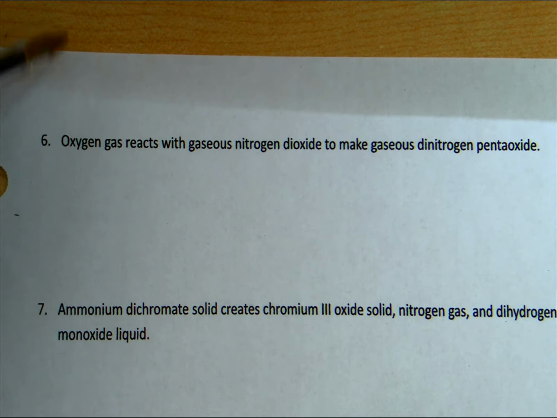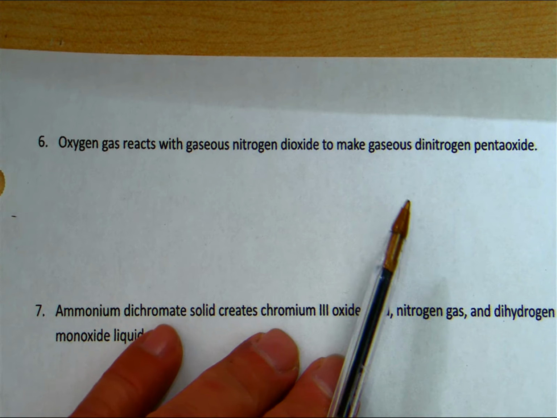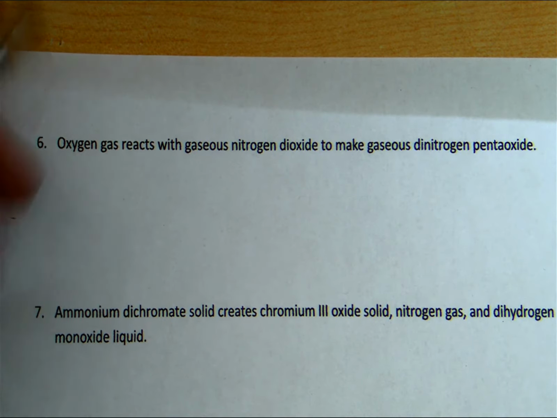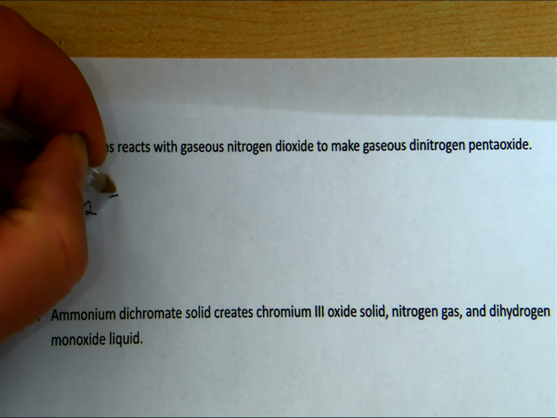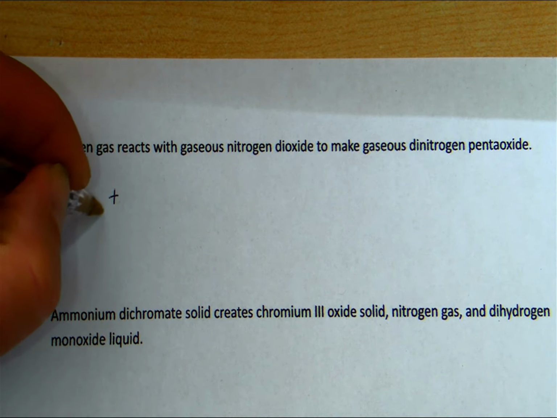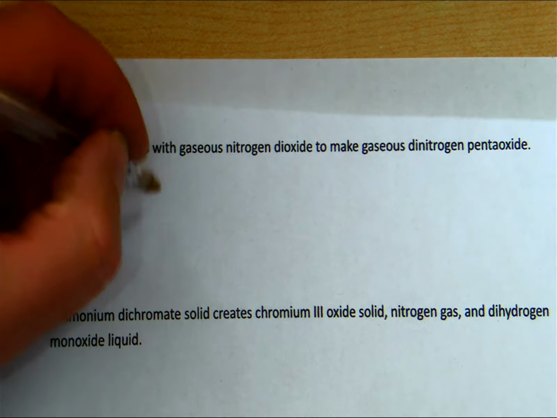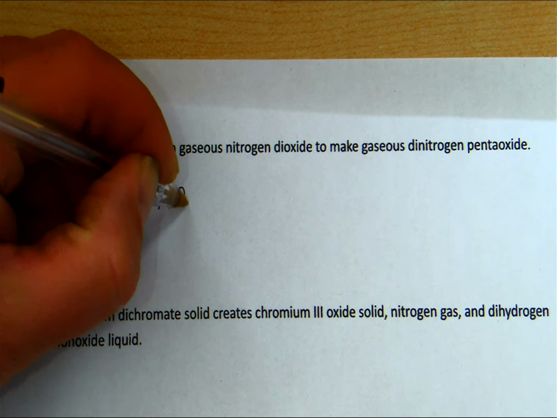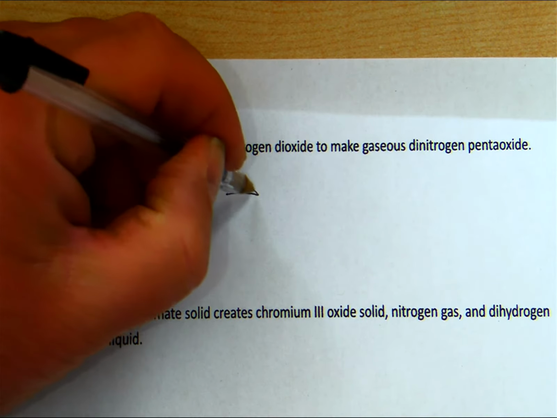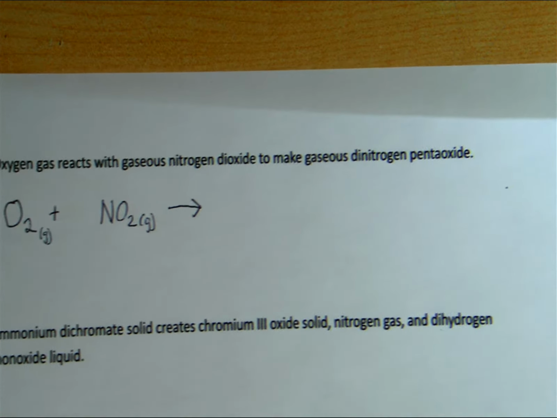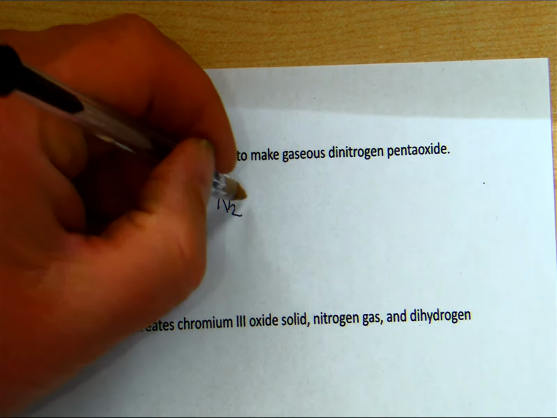But on the homework, number 6: oxygen gas reacts with gaseous nitrogen dioxide to make gaseous dinitrogen pentoxide. Oxygen gas is O2, reacts with, and yes, you could put gas in parentheses, gaseous nitrogen dioxide, NO2 gas, to make gaseous dinitrogen pentoxide.